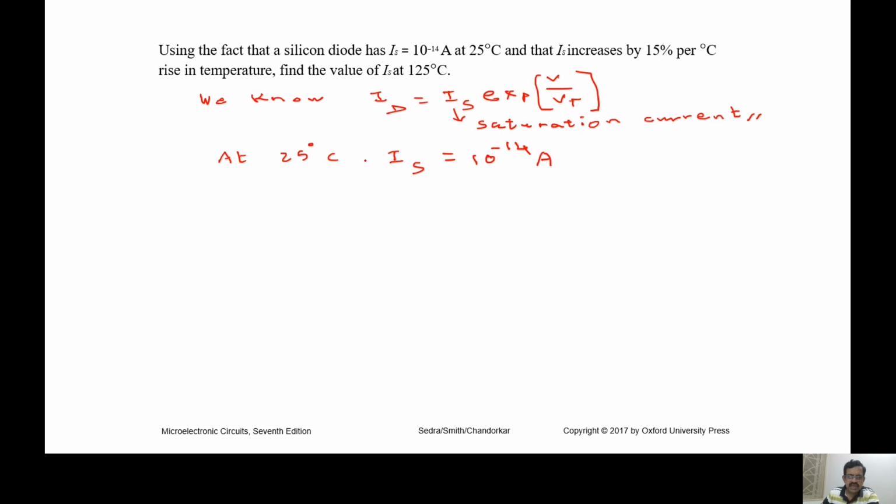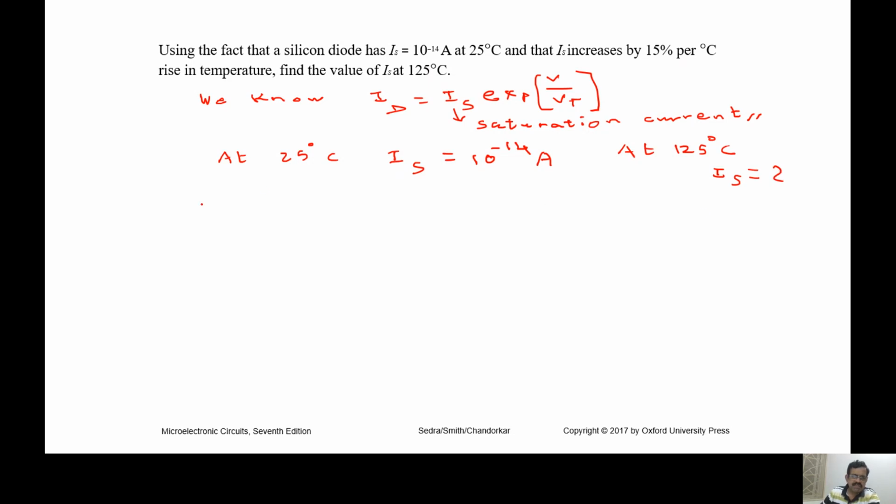When you increase the area, proportionately the scaling current or the saturation current increases. And IS increases by 15% per degree. So this is at 25 degrees, and our question is, at 125 degrees, what will be the value of IS?